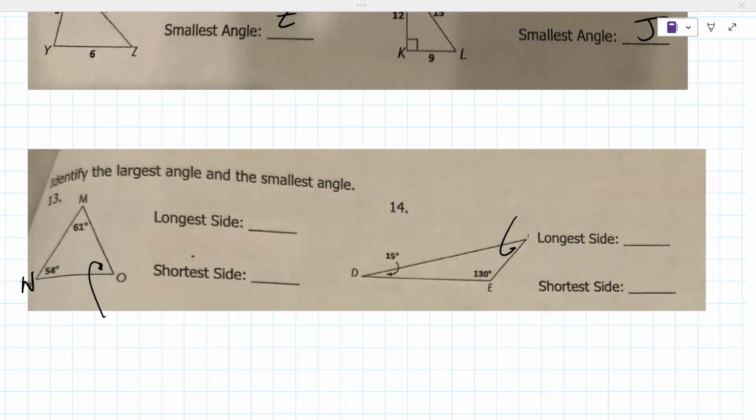Okay, longest side is NM and shortest side is MO. Yep.